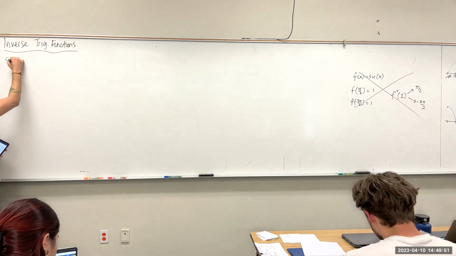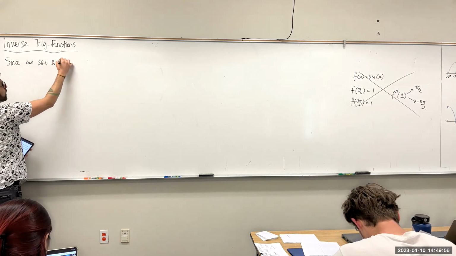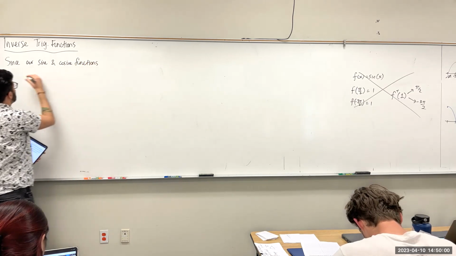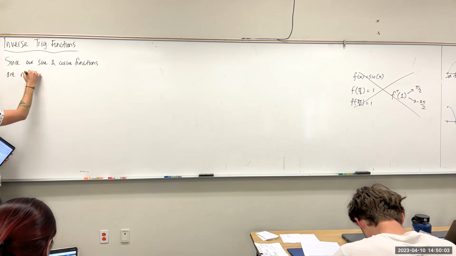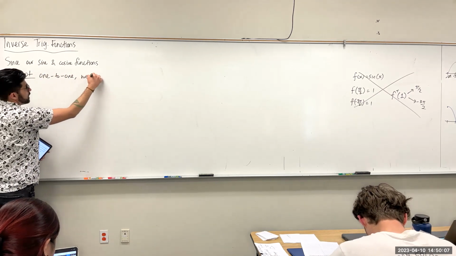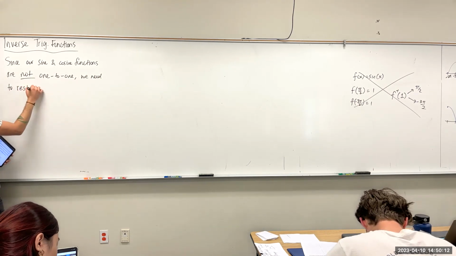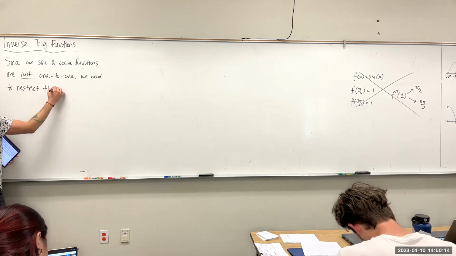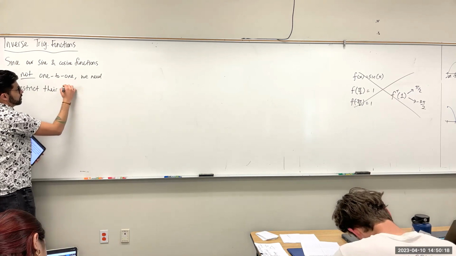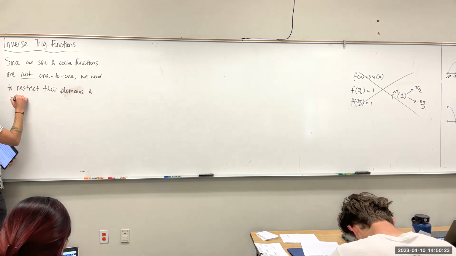So since our sine and cosine functions are not one-to-one, we need to restrict their domains and make them one-to-one.